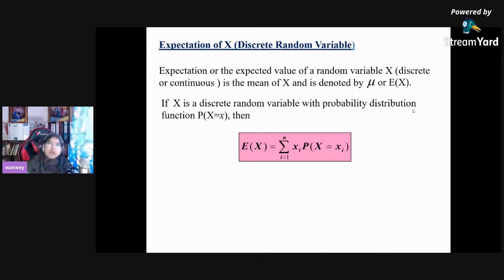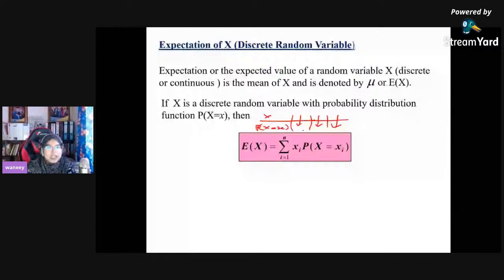This is the reason why for a discrete variable, I prefer to write them down in a table format. Because if I write them down in a table, in order to calculate the expectation, I simply multiply the x with the probability, x with the probability, x with the probability, and then I simply add everything together. So those are my expectations.